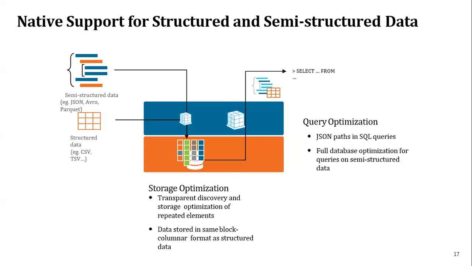We can process even unstructured data with the help of Python. You can easily integrate Snowflake with Python, and Spark, so PySpark, I can say. They introduced that feature very recently. So they support structured, semi-structured, and unstructured data.